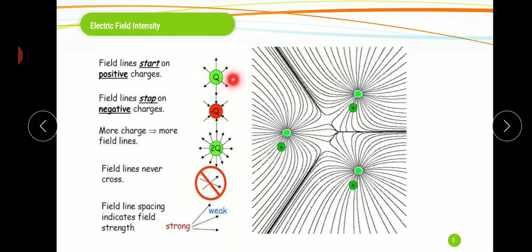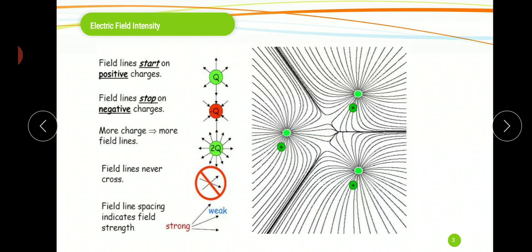Here the charge is plus Q, with perhaps six field lines. Here the charge is increased to 2Q, and the field lines are comparatively more. That means the more the charge, the more the field lines. That is an important point.